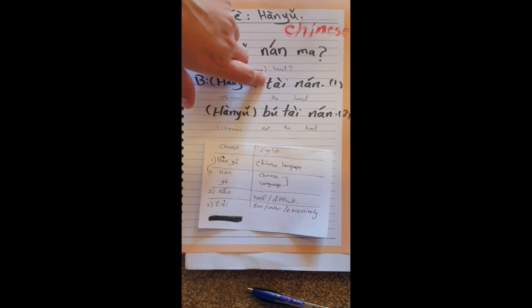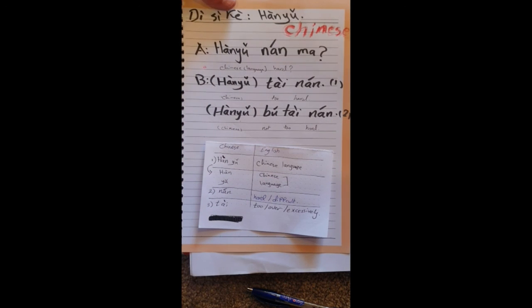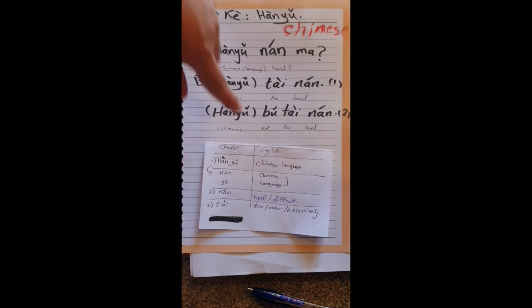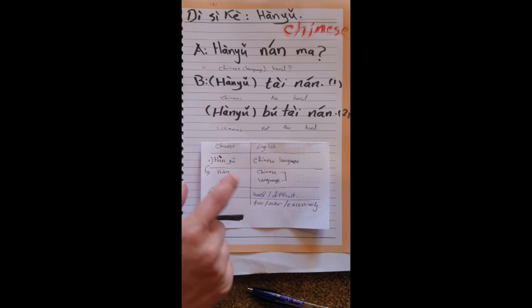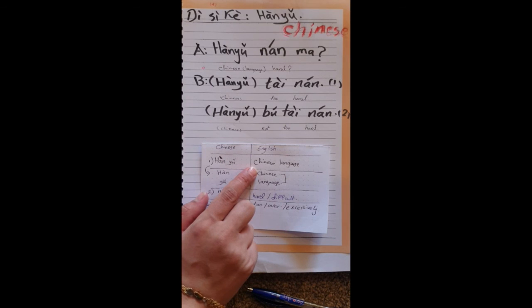Here, why did we use Tai, not Hen? Because we're describing a word here that is a noun, Hanyu. So, Hanyu Nan Ma, Hanyu Tai Nan, Hanyu Bu Tai Nan. So, what do you think? Is Chinese hard? Hanyu Nan Ma? It's up to you to answer. The meanings for today: Hanyu, which means Chinese language.